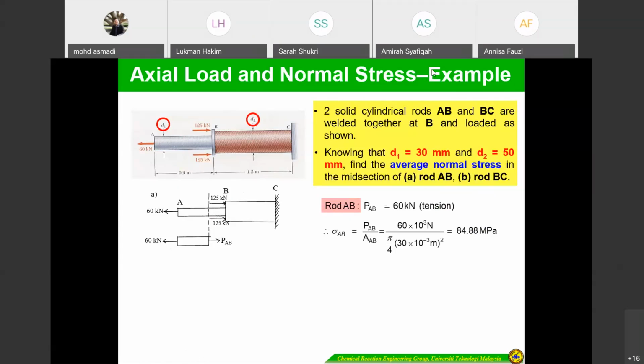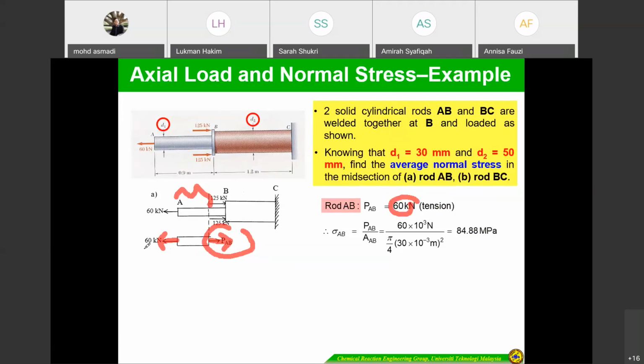So for rod AB, we introduce 60 kilonewtons, and the internal force is in the opposite direction, but the same magnitude. So we can determine P_AB. We try to pull right, 60 kilonewton in tension.